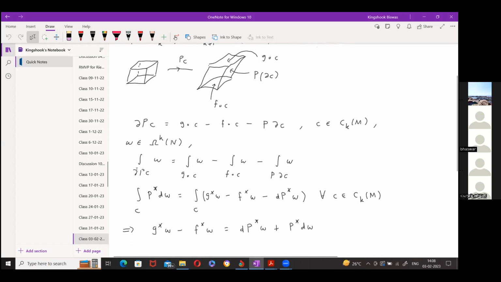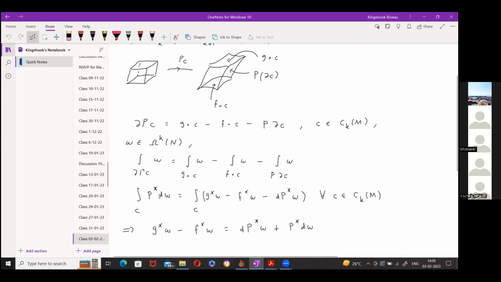And then this becomes the integral of d omega over PC. And the integral of a form over PC is the same as the integral of P star of that form over the chain C. We defined for any form alpha, P star of alpha, right?